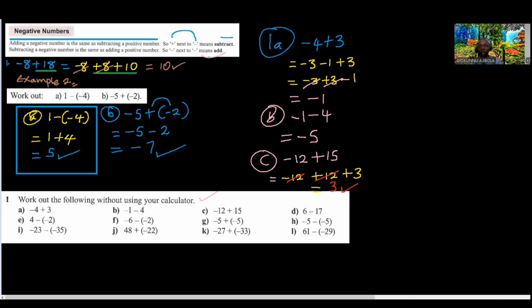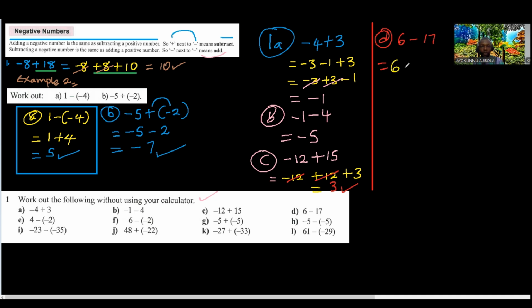Okay, now the next one, option D. For option D, we have 6 minus 17. So you will see that the quantity of negative is more than the quantity of the positive number.